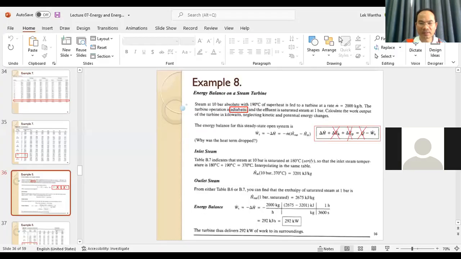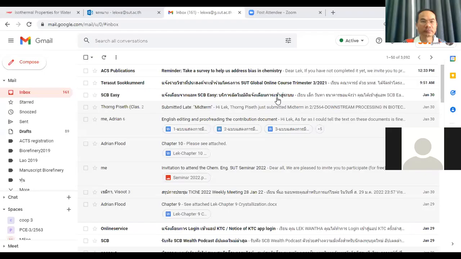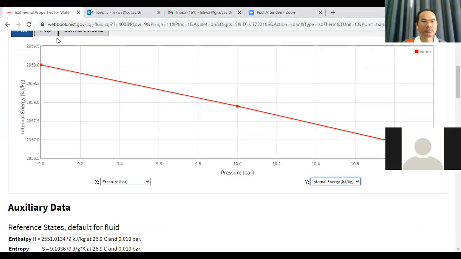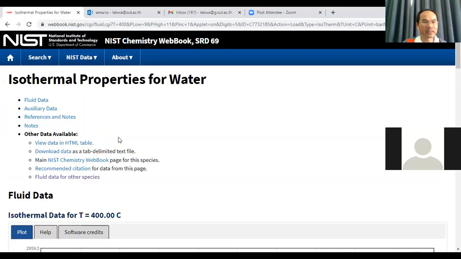I'll show you, maybe you can check. For this case, I give you an example, the National Institute of Standards and Technology.